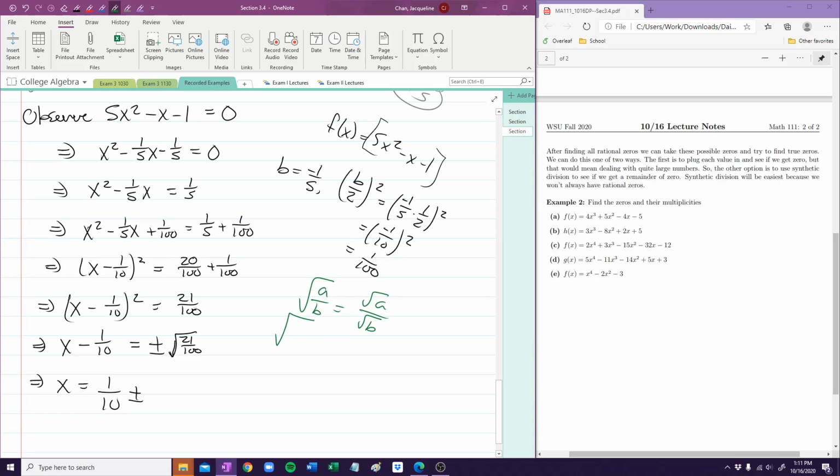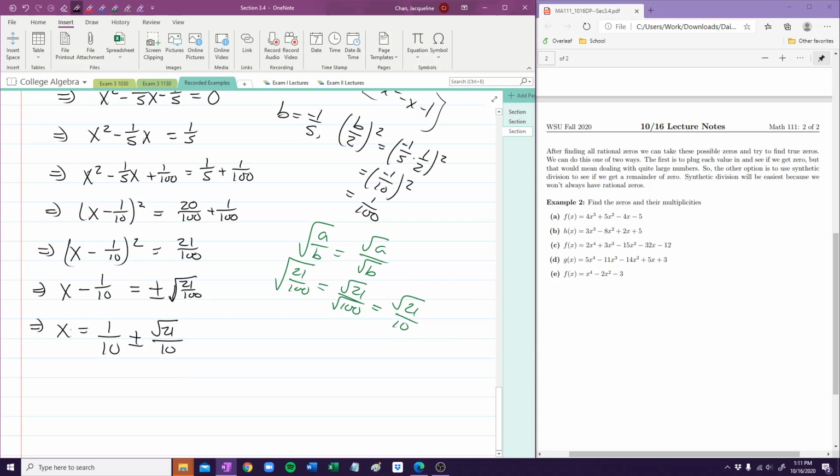So in this case, the square root of 21 over 100, this is equal to the square root of 21 over square root of 100. So this is square root of 21 over 10. Okay, so they both have a common denominator, so what I can do is I can just put 1 plus or minus square root of 21 over 10. All right, doesn't matter.